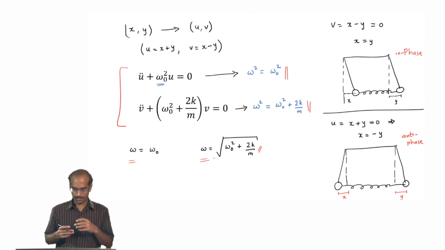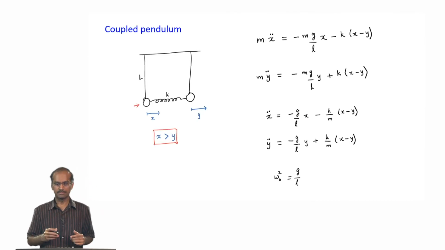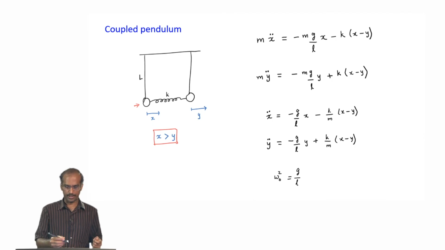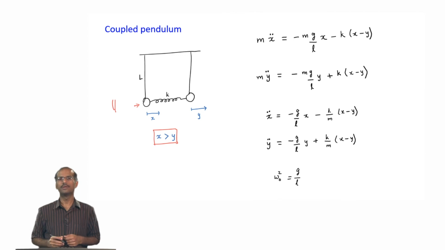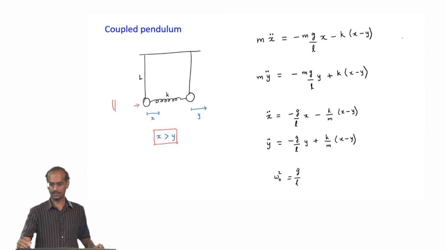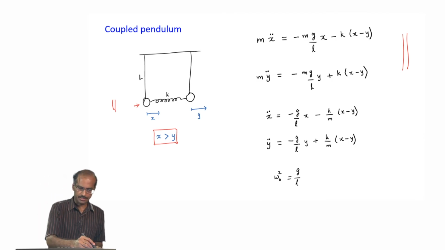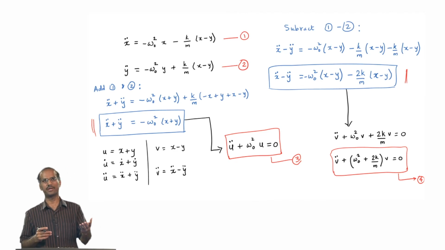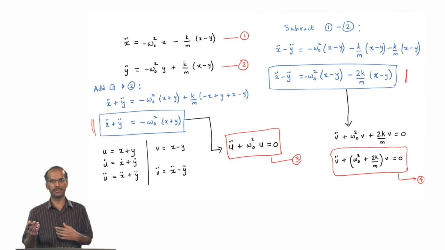To summarize this part, we started with trying to couple two pendula. We used a spring to couple the two pendula, as we have done here, and we wrote down this equation of motion, and we realized that the problem in solving this equation of motion was that the equation for x involved the variable y, and the equation for y involved the variable x.